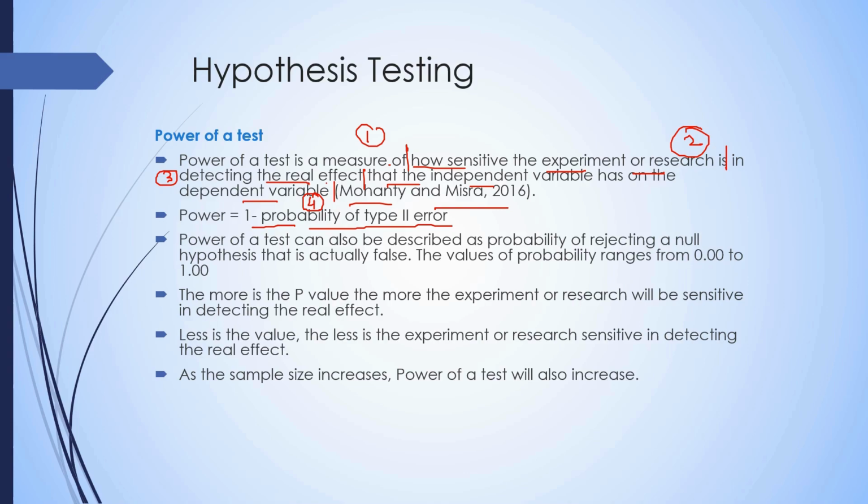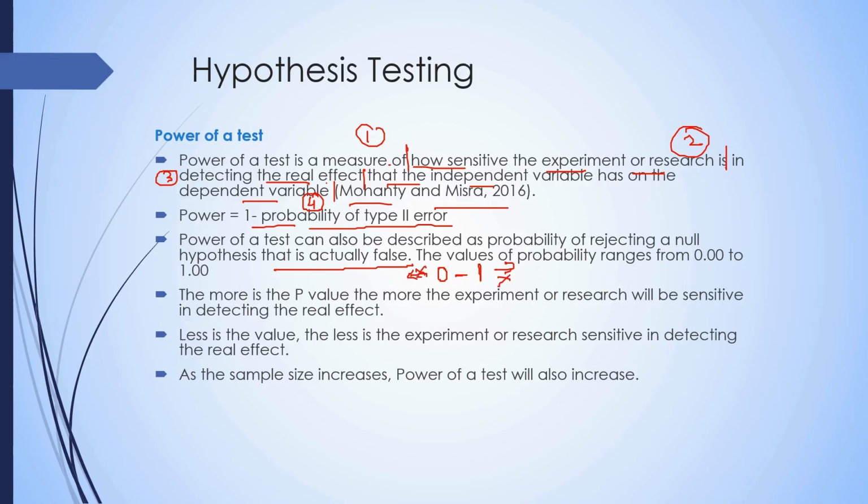Power of a test can also be described as the probability of rejecting a null hypothesis that is actually false. The values of probability range from 0 to 1. This is something that we have learnt in our mathematics class in school, that the value of probability always falls between 0 and 1, not beyond.